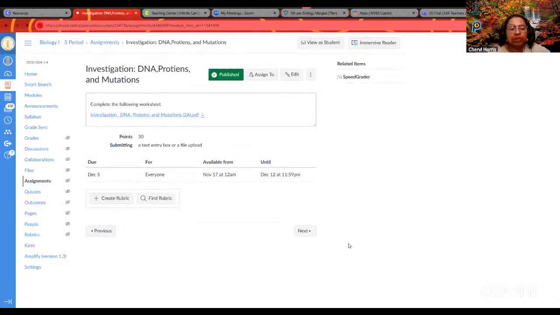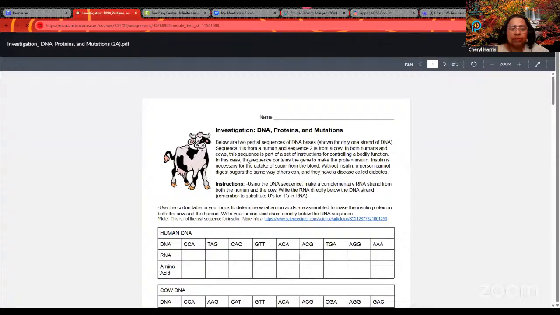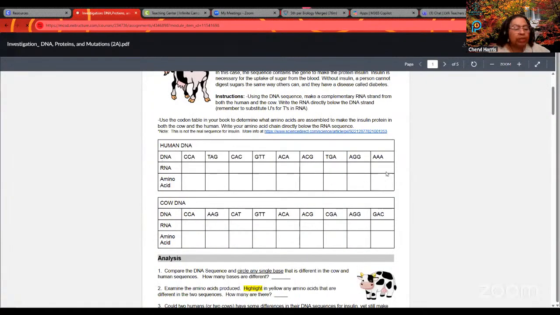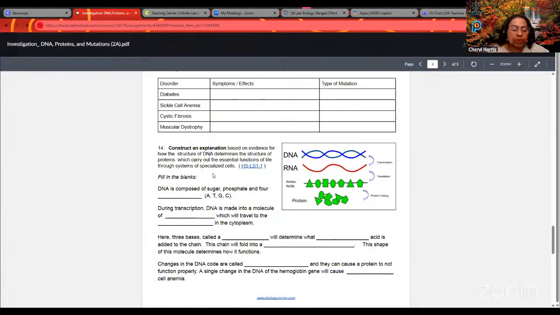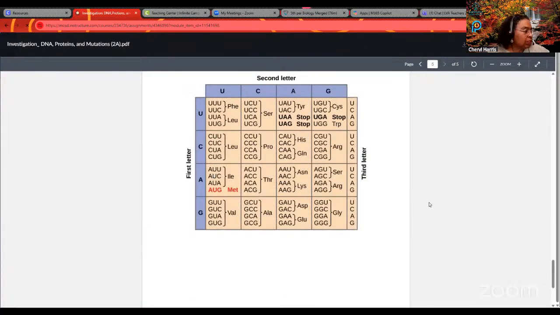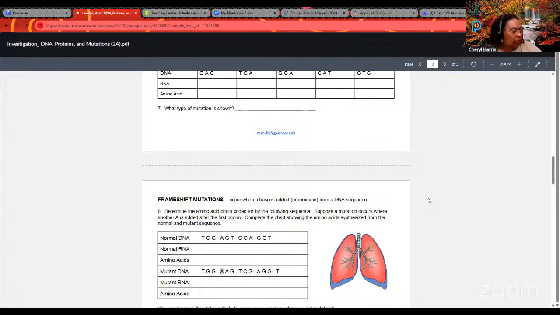All right, so as you see, we just have one more lesson to do. We finished the first one, so we completed a row. We have transcribed the DNA into an RNA strand, and then we went to our chart. If you can do a split screen where you have the chart on one side and the worksheet on the other, that would be helpful so that you're not looking back and forth trying to look that up.